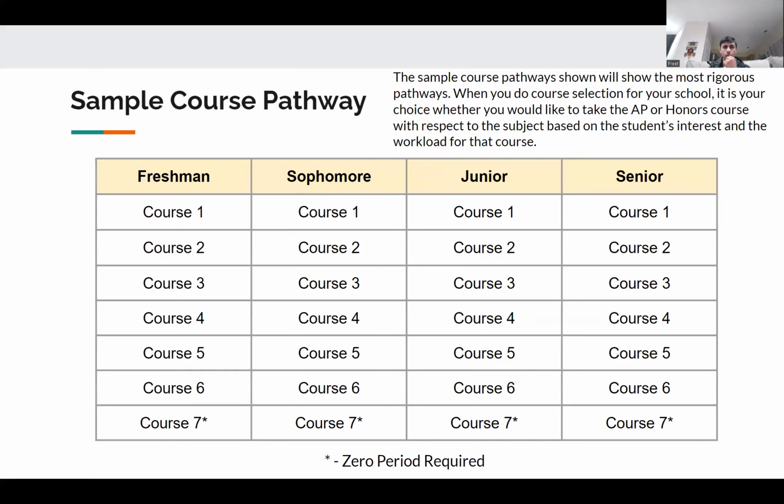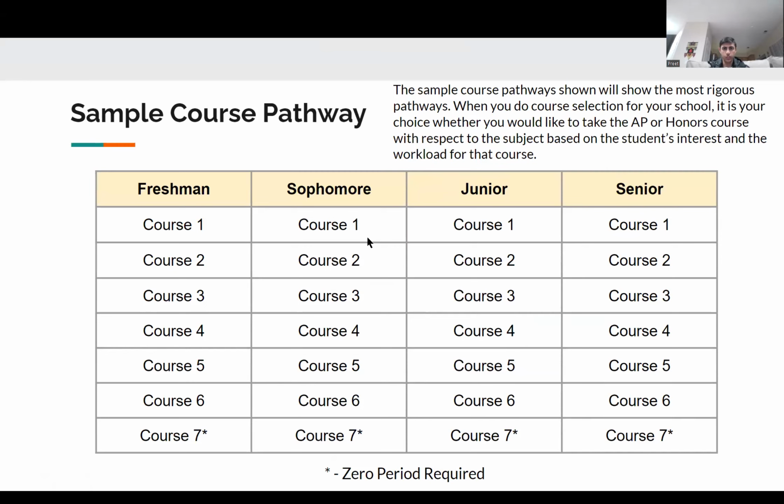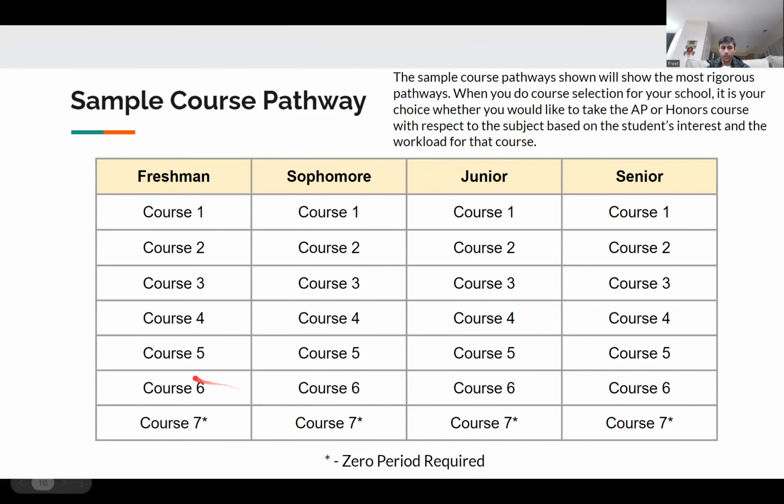I'll explain really quickly what each sample pathway is and what each sample pathway does. For example, you have 6 courses, 6 periods, and each period is right here: course 1, course 2, course 3, course 4, course 5, course 6, and then there's 0 period, which is course 7.